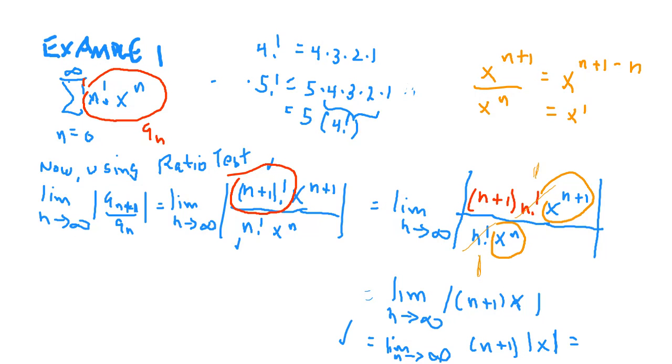What's that going to equal? So x is like some fixed number, but n plus 1 goes to infinity. So that's right, Tosh. That's going to equal infinity.